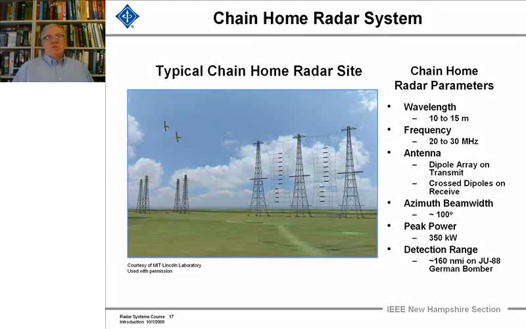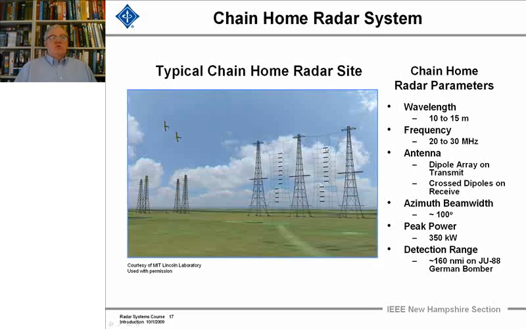These used the technology of the day, very long wavelengths, 10 to 15 meters, and frequencies between 20 and 30 megahertz. So 30 feet to 45 feet was a wavelength. And dipole antennas can be built at a half wavelength. And there's a string of 8 dipole antennas.